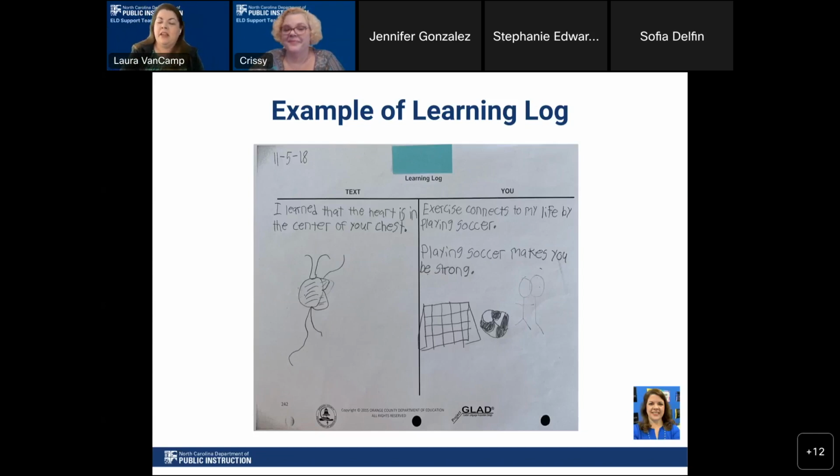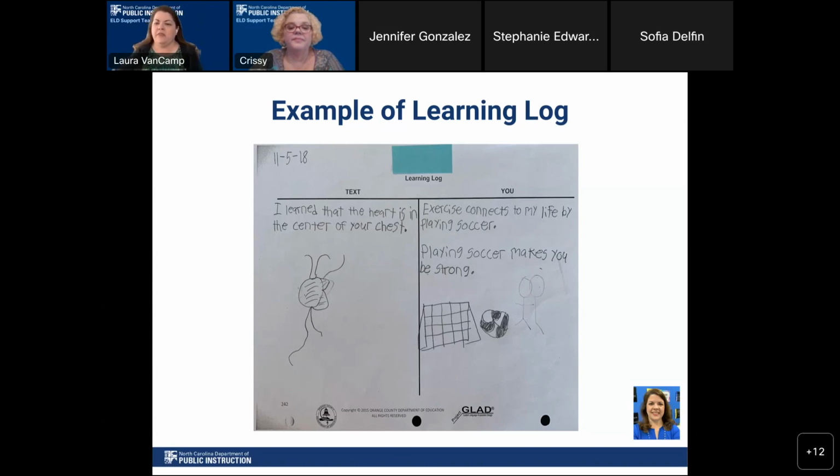And then I asked how it connected to the students' lives, and I believe this was one of my boys. Exercise connects to my life by playing soccer. Playing soccer makes you strong. And he's got his soccer ball and his net. And I thought that was great. And students could do this in less than 5 minutes.